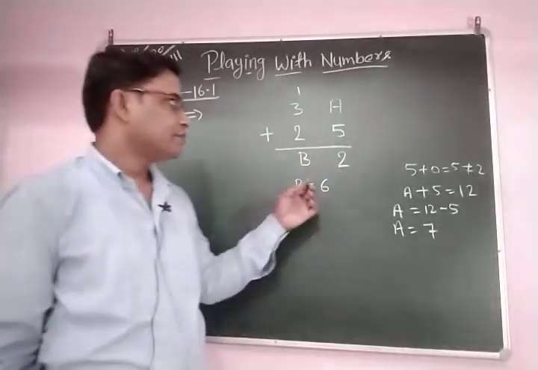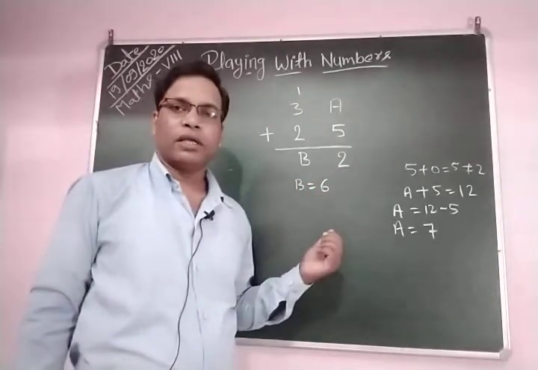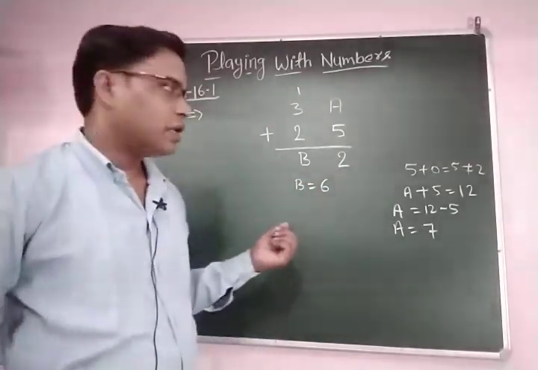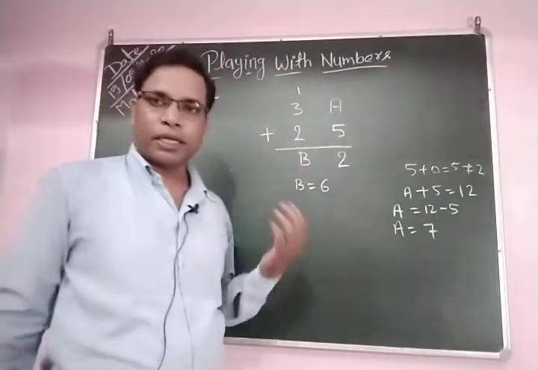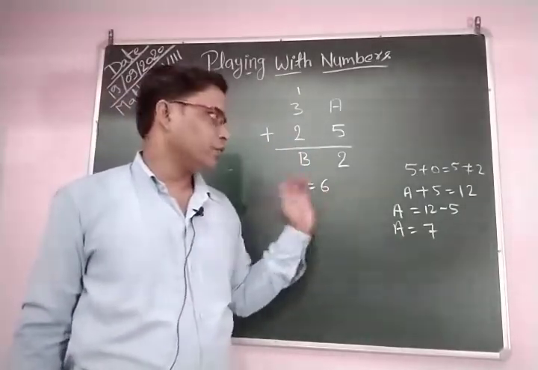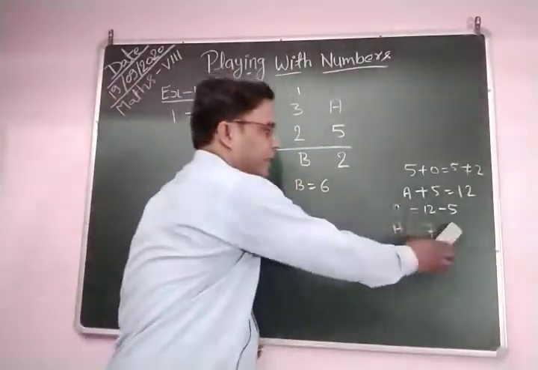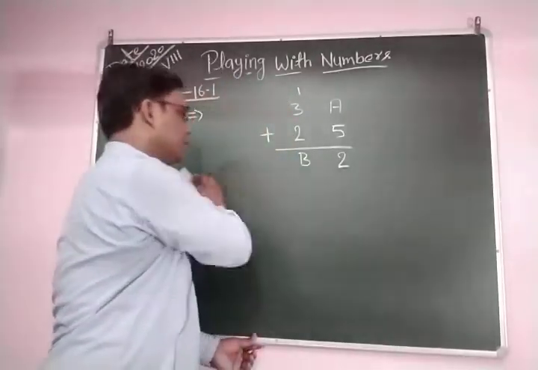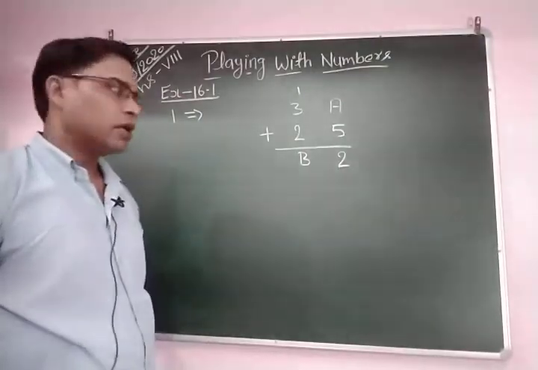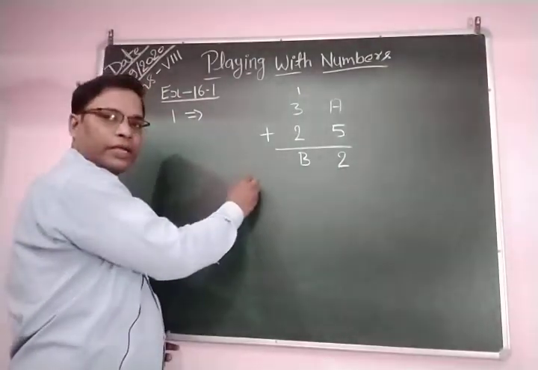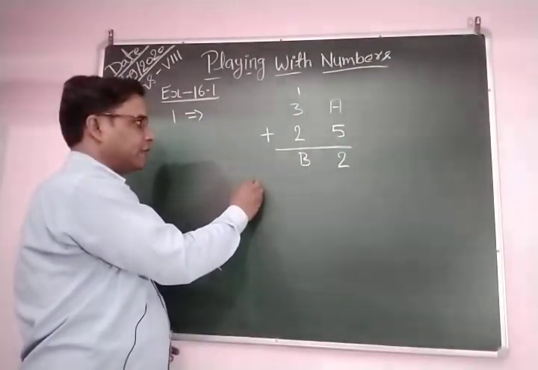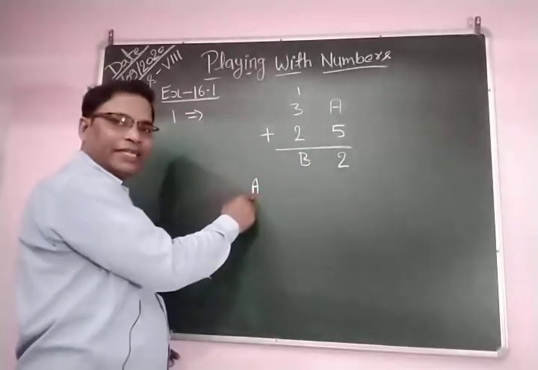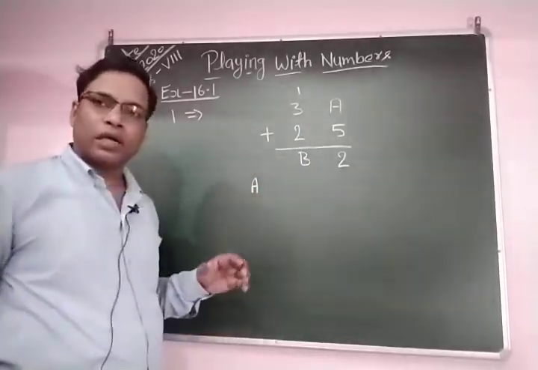How can you find it? First we find the value of a. How do we find the value of a? If we add a plus 5, the result would be 2. But a is any digit, maybe 0 to 9.